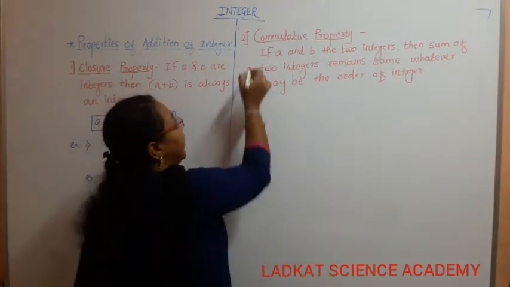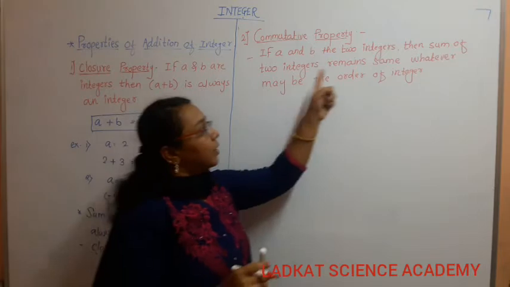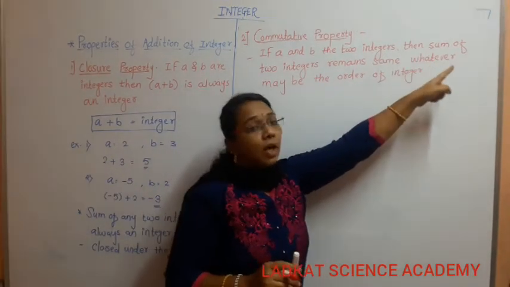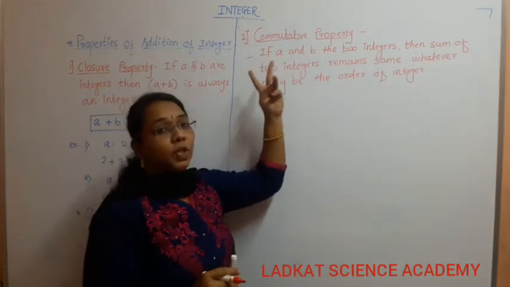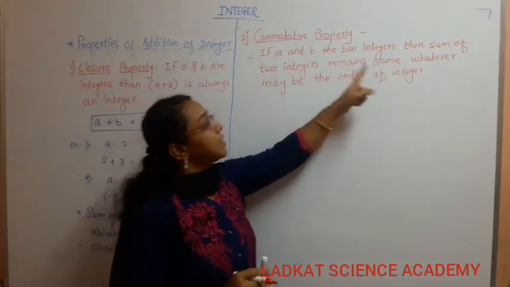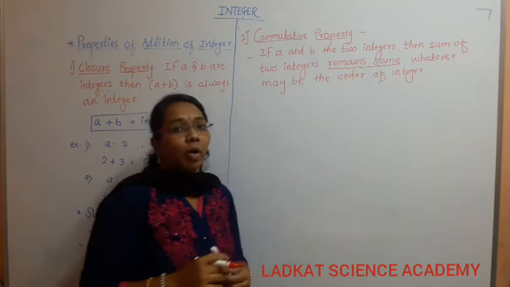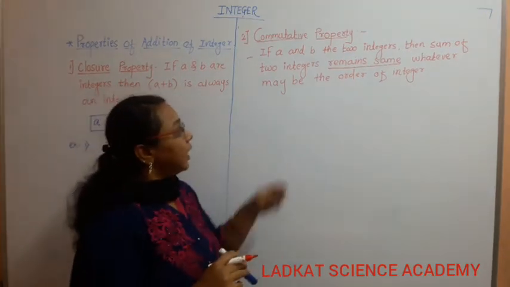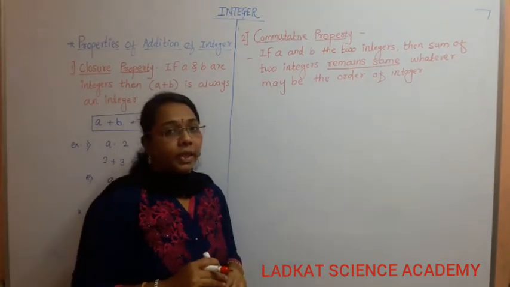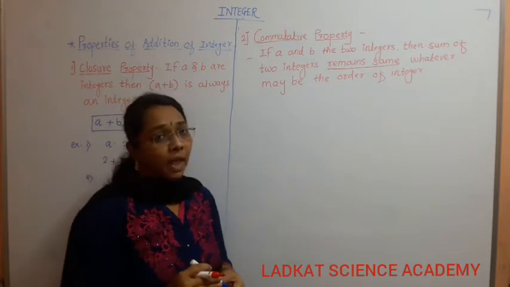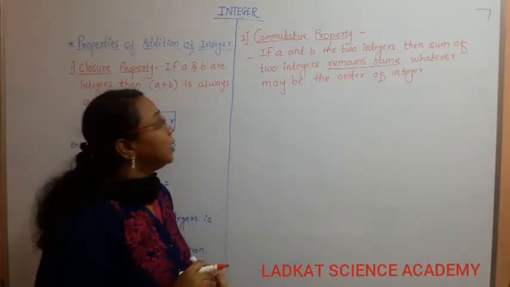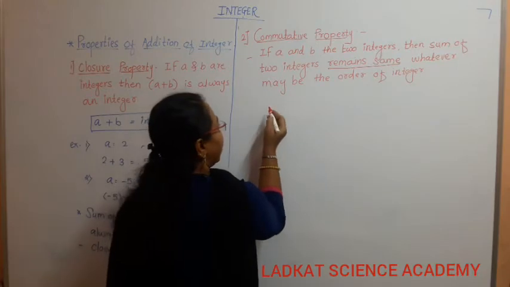What is it? Then the sum of these two integers, this addition of these two integers, remains same, whatever may be the order of the integers. Means here we have changed the order of the integers, then also we got the same answer or same integer. This is the commutative property.